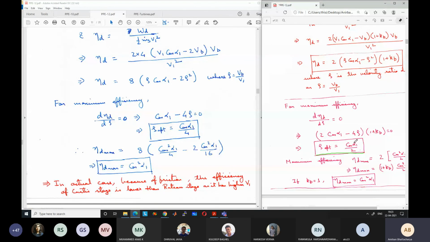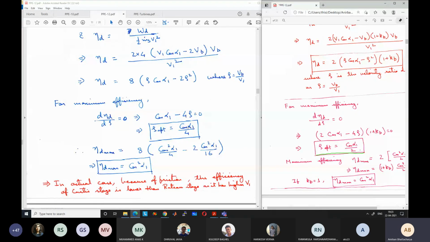So if V1 is fixed, V1 depends on the total enthalpy change in both cases. For a single stage turbine, V1 depends on the total enthalpy change in the turbine. For a Curtis turbine also, total enthalpy change occurs in the single nozzle. So V1 will be very large for the Curtis turbine also. So V1 will be similar in both cases, but Vb will be much less.